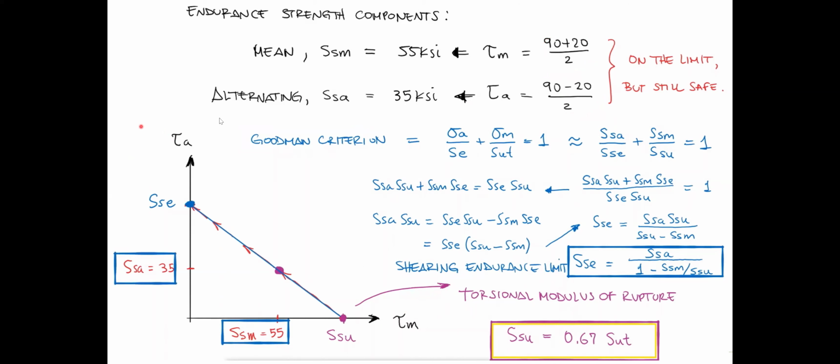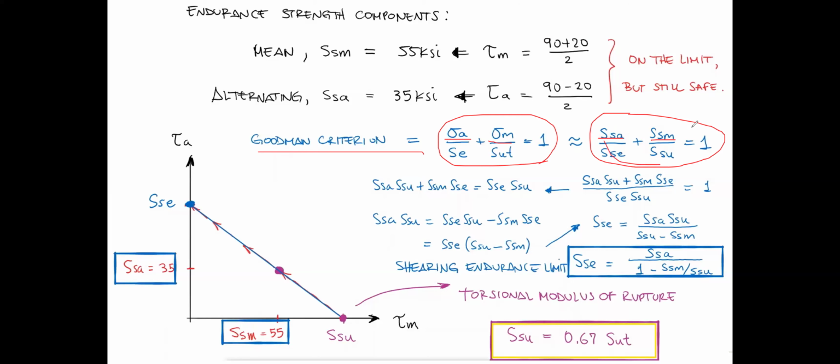So we just modify it to tau A or SA, it's fine, or the tau M. So what's the Goodman criteria? It's this equation that we learned last semester. But now we have to consider the shear stress, so we simply replace the sigma A with SSA, sigma M with SSM, and so on.